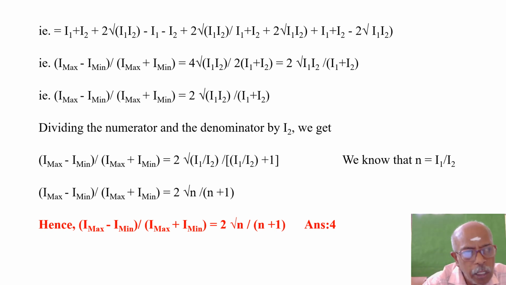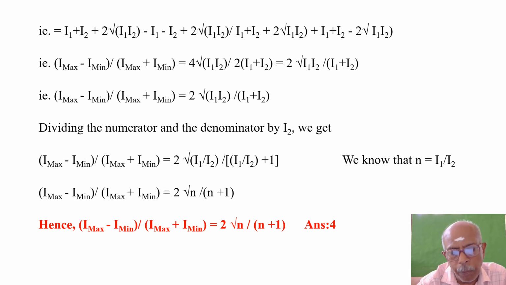Now, as far as the LHS is concerned, Imax minus Iminimum divided by Imax plus Iminimum. So I1 minus I1 cancel, I2 minus I2 cancel. In the numerator, you have 2 into root of I1 I2 plus 2 into root of I1 I2, that is equal to 2 plus 2, 4 into root of I1 I2.